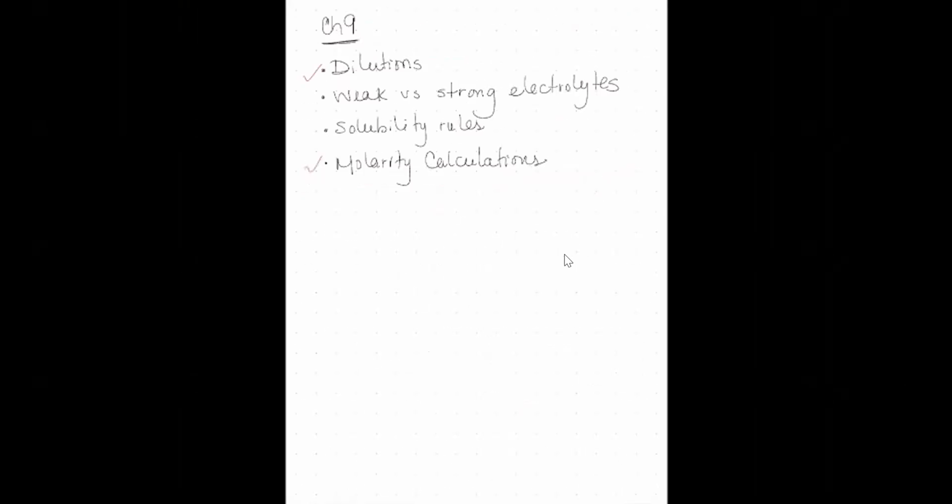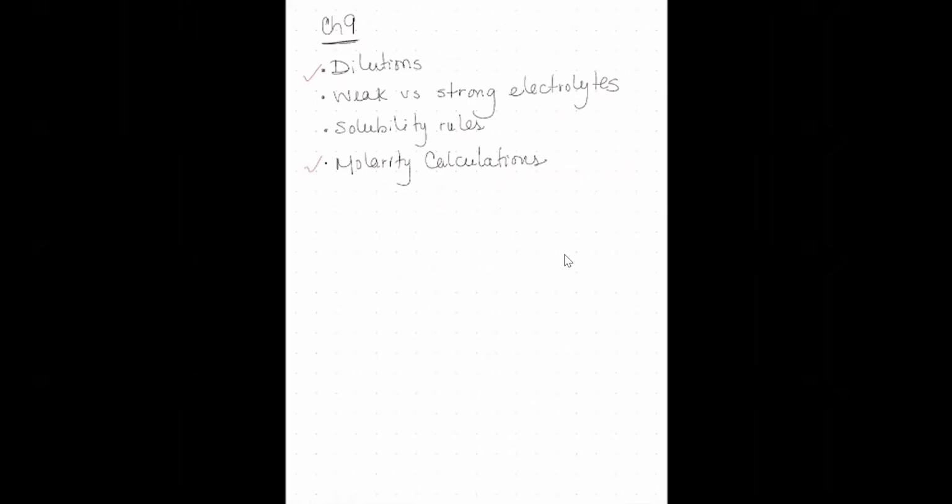When it comes to weak and strong electrolytes, what's the specific question? I guess just how to identify it. Do you just go off of the list from chapter 10 for weak bases and weak acids, or no? No, yeah, you're correct.